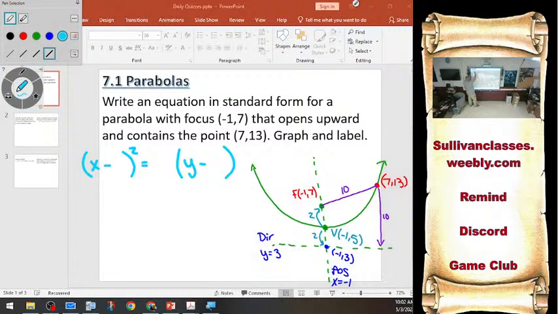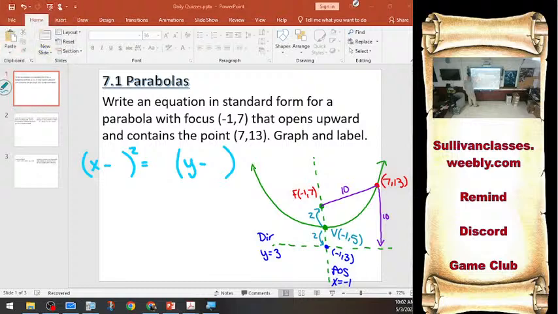I just found my vertex is -1, 5, so I know my h and k. Because the focus and directrix are 2 units away from that vertex, I know p is 2, so 4p is 8.